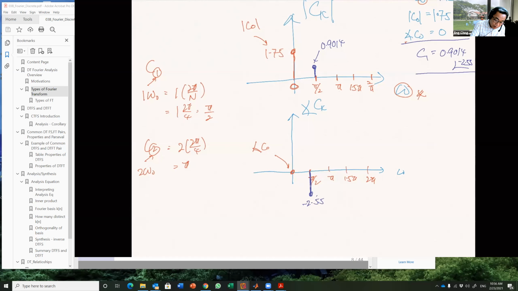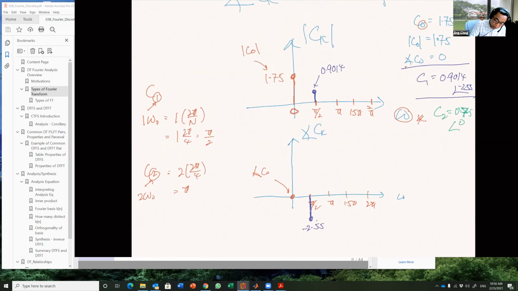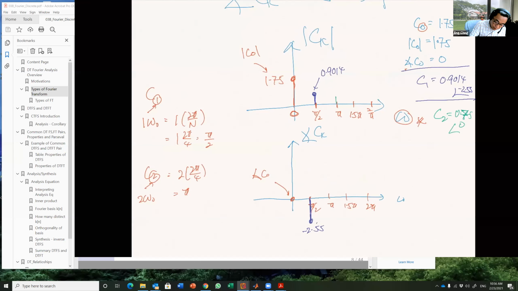What about the third one? Let's change the color. C2 is equal to, I calculated, 0.75 angle 0. So 0.75 is here. Angle 0 is here. And then the last one, I calculated C3 is equal to 0.9014 angle plus 2.55.